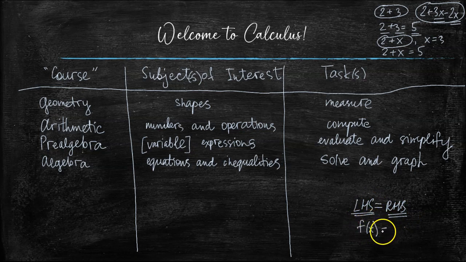And further down the road, when you look at a function, your function is defined by using an expression. If your expression has only one variable, it's a function of one variable. If your expression has two variables, then it's a function of two variables. But again, most importantly, if you cannot simplify an expression, then down the road that may result in your inability to simplify an equation.